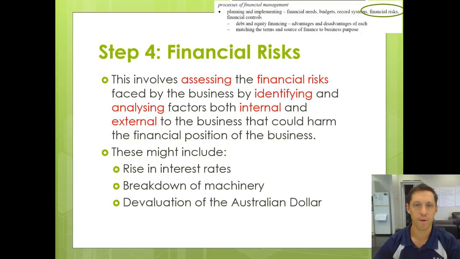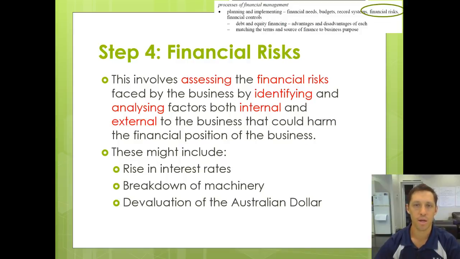Because if you're thinking about Qantas, they're operating aircraft. If they have an issue with those aircraft, that's a machine that they're really reliant on, or they have a breakdown in other type of machinery, you could be looking at huge expenses to either fix or to replace that machinery, and that could pose a massive financial risk to that business in the short term and the long term.